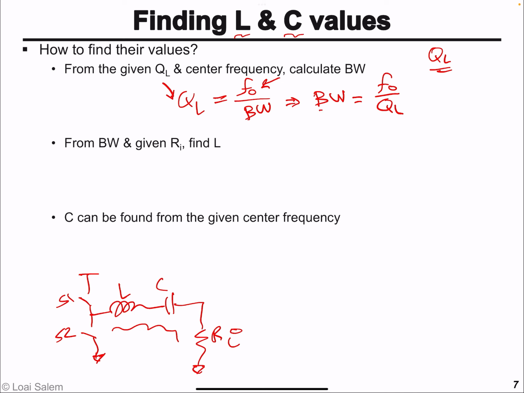And then, for a second order RLC circuit, the bandwidth is given by the load resistance Ri divided by 2 pi times the inductance L. So from this equation, we can find the value of the required inductance L.